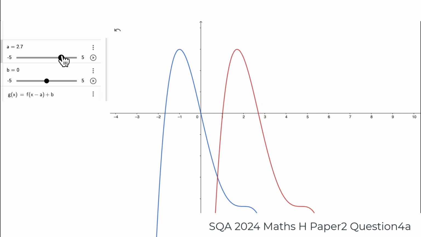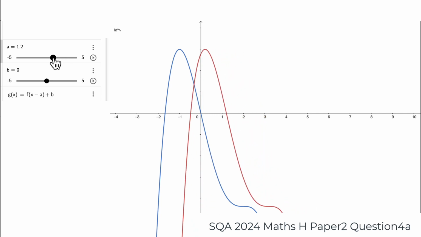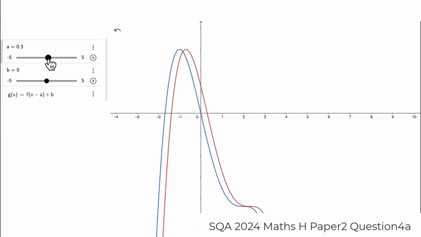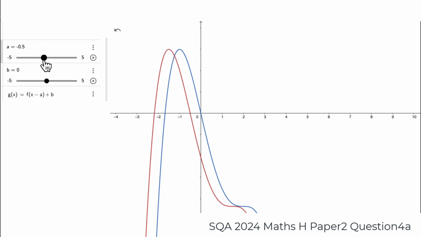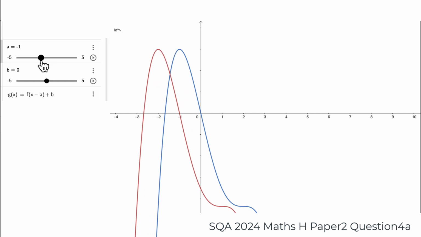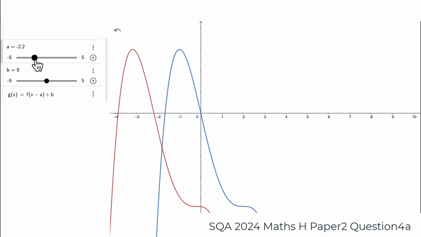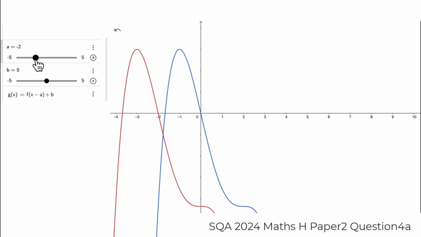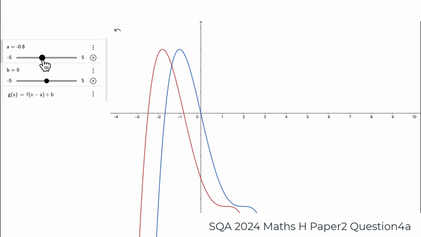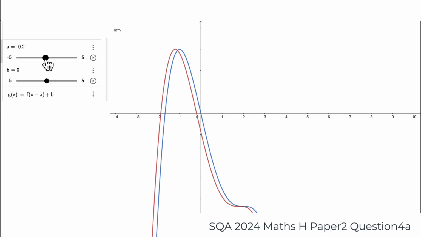So subtracting numbers from x moves the graph to the right. On the other hand, if I added numbers to x, take away negative numbers, it moves the graph to the left. But what you want to remember is subtracting positive numbers from x moves the graph to the right.